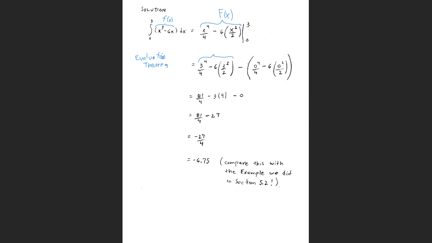And so this here, 3 to the 4th over 4 minus 6 times 3 squared over 2 is big F of 3. And then 0 to the 4th over 4 minus 6 times 0 squared over 2 is big F of 0.